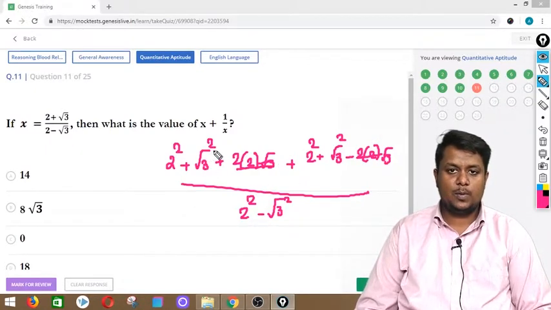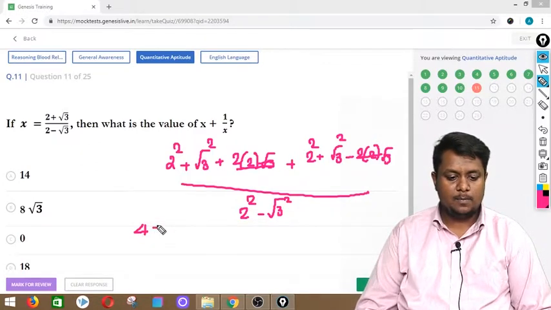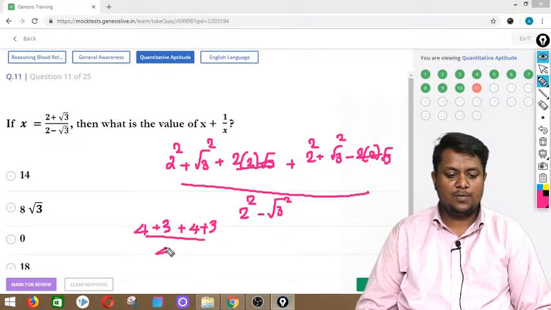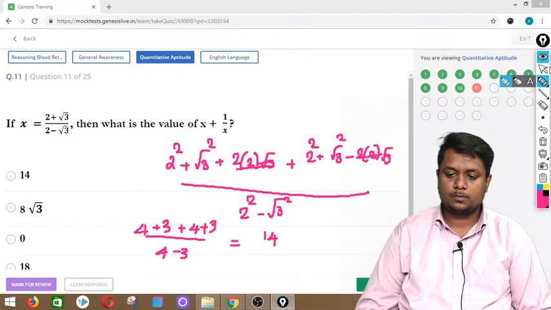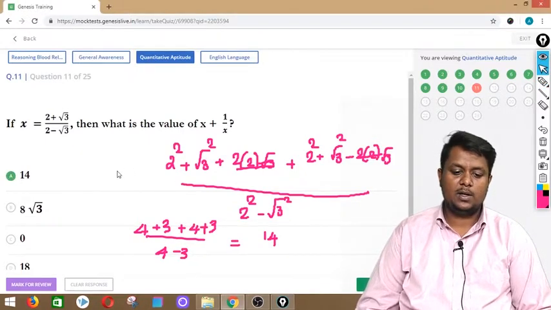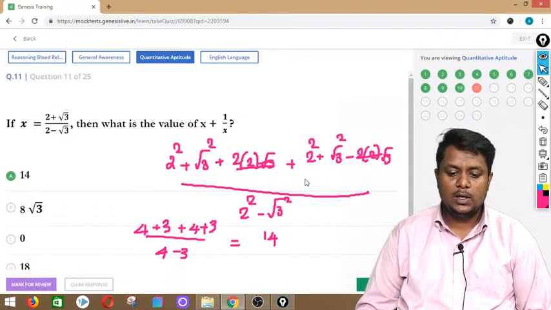Root 3 square is 3, so 4 plus 3 is 7, 4 plus 3 plus another 4 plus 3. Denominator is 4 minus 3, which is 1. So the answer is 14. We have to mark the option that says 14, so that is option A. So we have marked option A as the right answer, and we will move on to the next question.